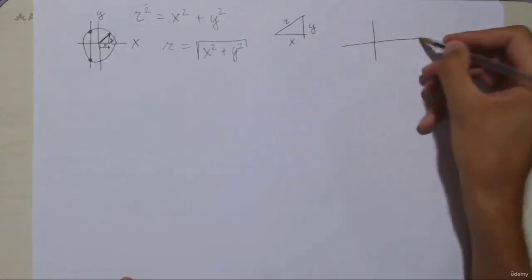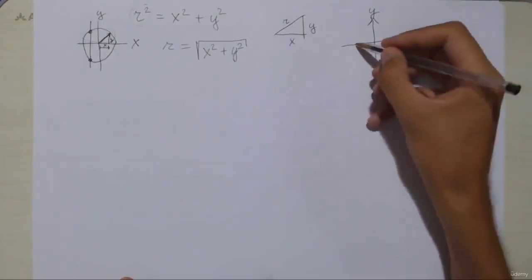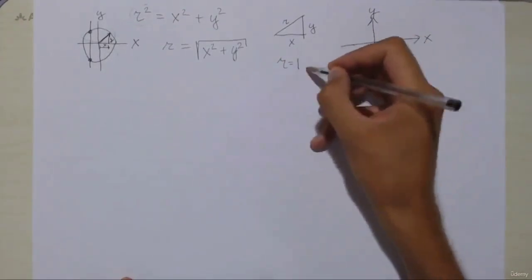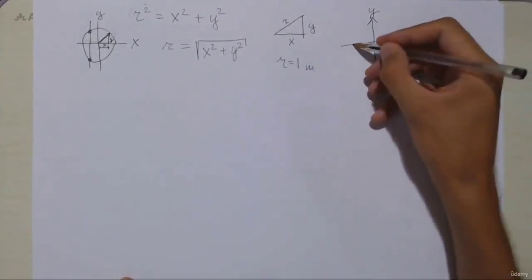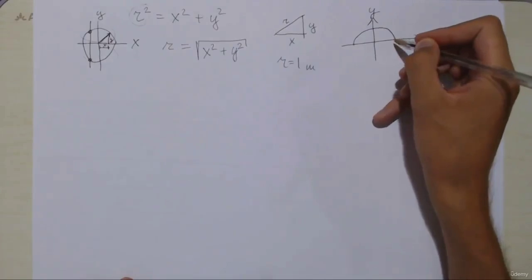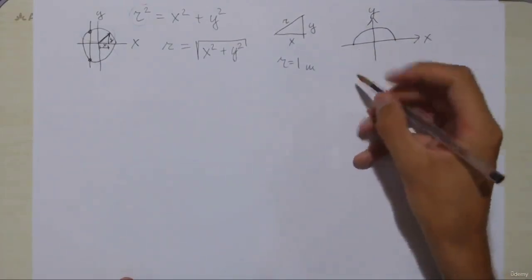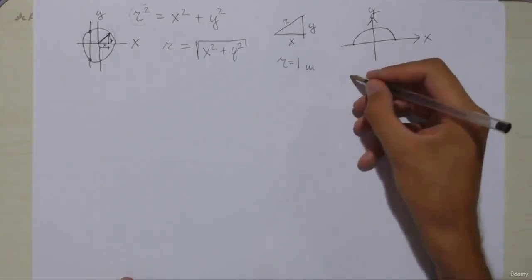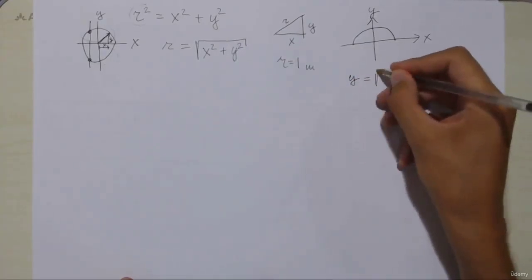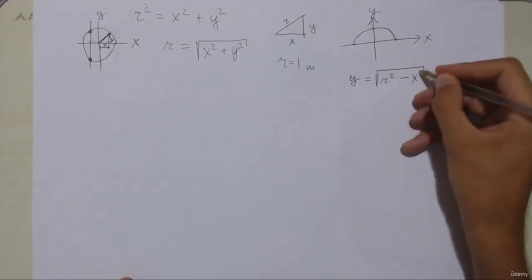So I'm going to draw a function now. X, Y. Well, first of all, I'm going to assume that the radius equals 1. Let's say 1 meter. And then I can draw a circle here. Well, it's half of the circle. And the function of this half of the circle would be y equals square root of r squared minus x squared.